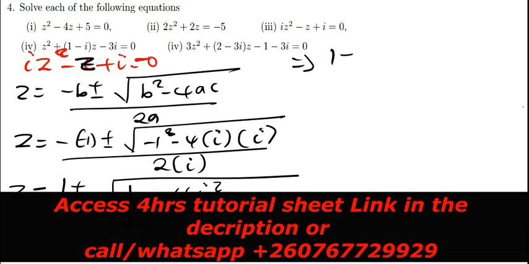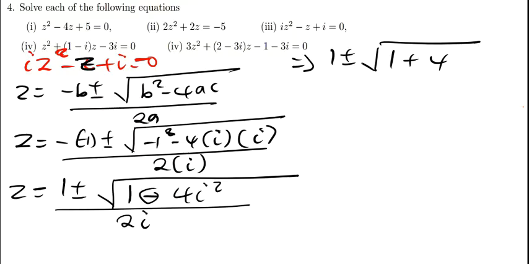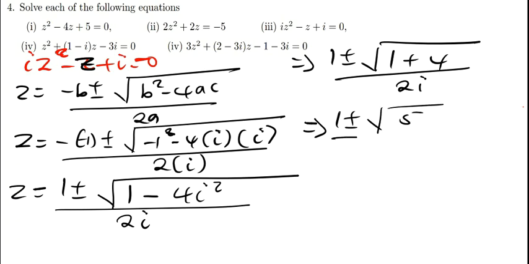So 1 plus or minus the square root of 1. This is now going to give us negative, and negative is going to be plus. So I'll end up having 1 plus 4, because i squared is negative 1. So negative 1 times this negative, it will give us plus. I divide this by 2i. So I'll end up having 1 plus or minus the square root of 5 divided by 2i.